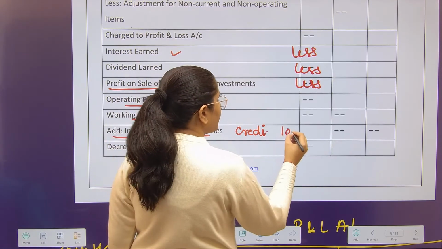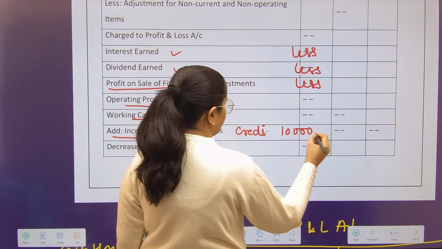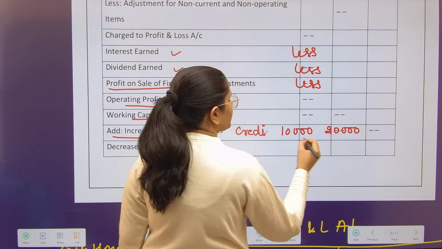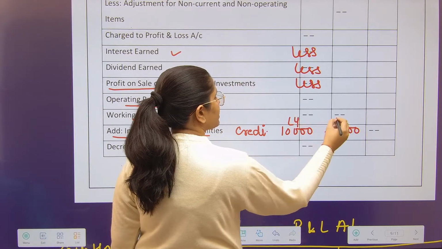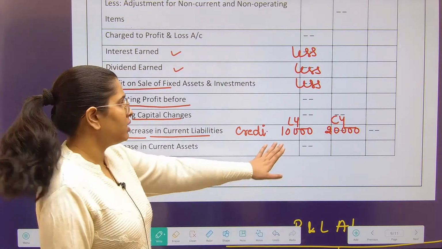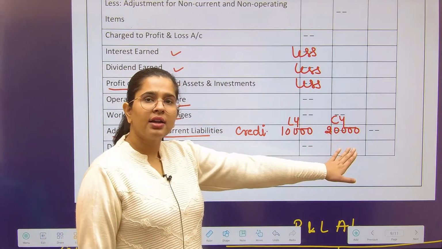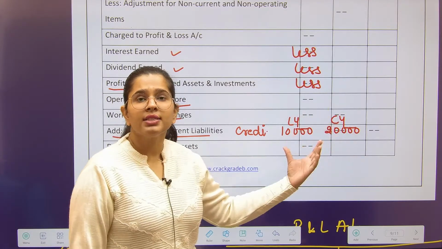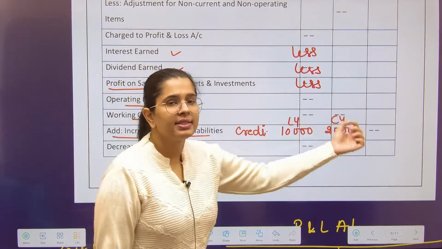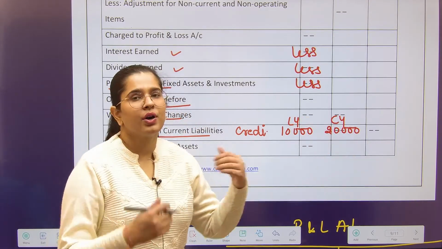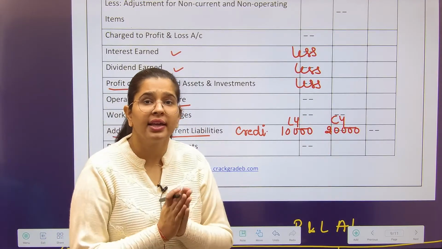Suppose earlier these creditors were 10,000, this is the last year figure and this is the current year. Last year your creditors were 10,000. This year your creditors are 20,000. Correct? What does this depict? It means my creditors have increased. Why have my creditors increased? Because I have not paid cash.